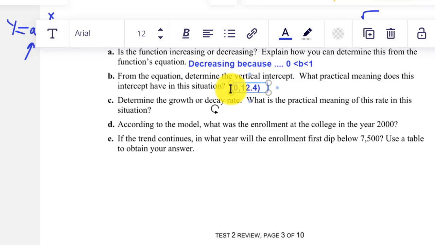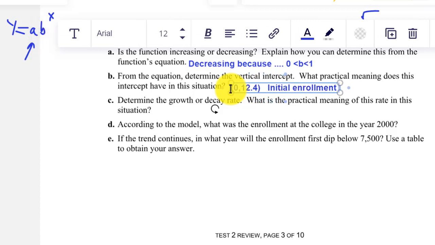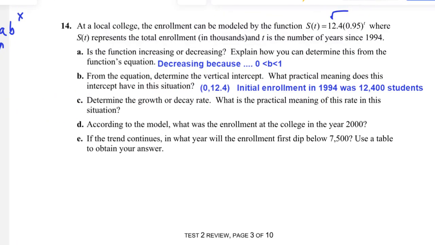And the practical meaning, the initial enrollment in 1994 was 12,400 students. Okay, let's move this out of the way. Right, so yeah, (0, 12.4) is the vertical intercept or the y-intercept, and that's the initial enrollment back in 1994.